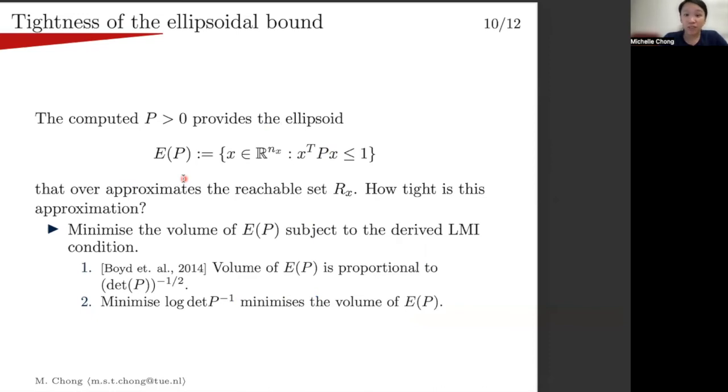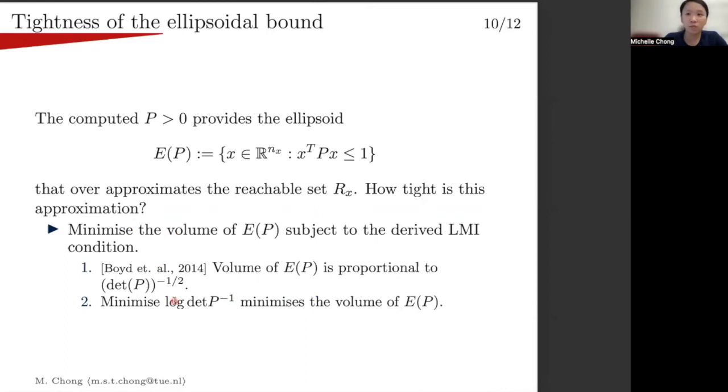A natural question to ask is then, can we tighten this approximation? To do so, we minimize the volume of the ellipsoid subject to the derived LMI conditions from the previous page. Since the volume of the ellipsoid is proportional to the inverse determinant of P, minimizing the log of the determinant of the inverse of P minimizes the volume of the ellipsoid.